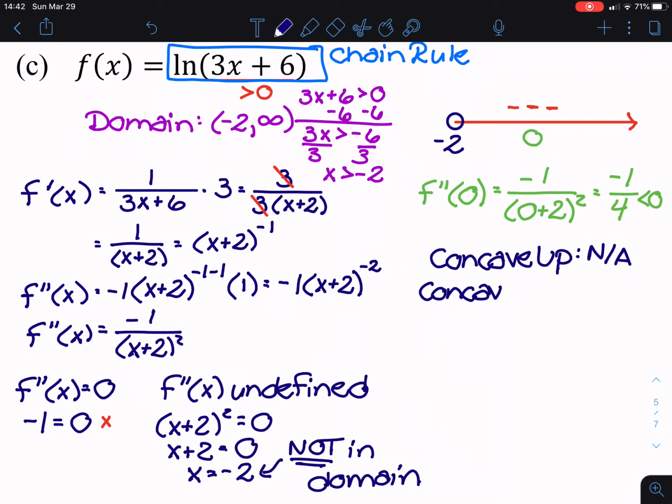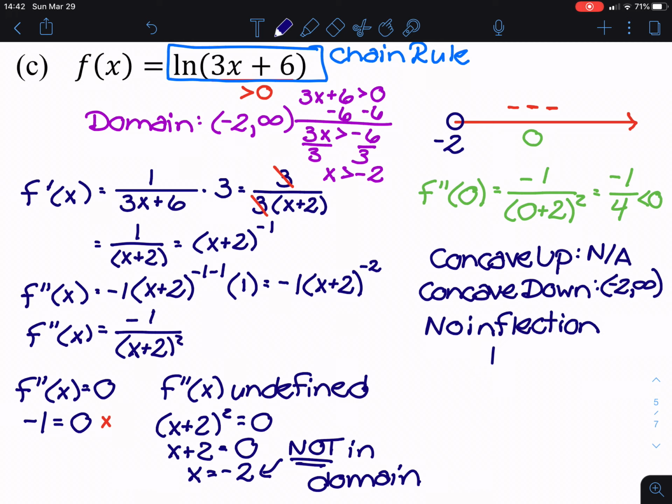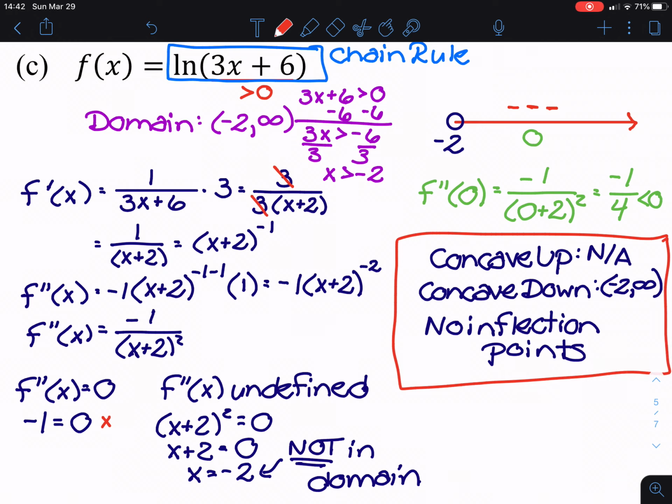Concave down, I know that's going to be on the interval -2 to infinity, which happens to be the entire domain of my function. And as far as inflection points, well, since nowhere does the concavity ever change, there are no inflection points. And there's our information.